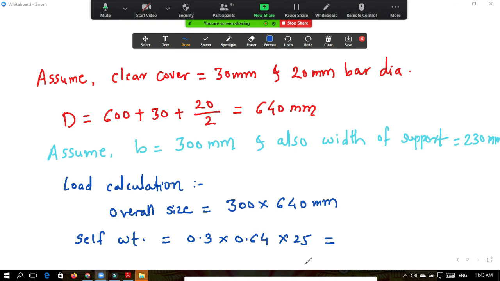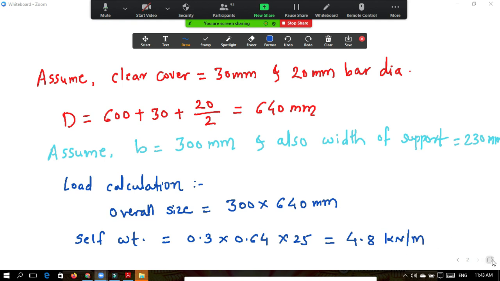What is the self weight now? 4.8 kilonewton per meter. This analysis we are doing for per meter length. We have not considered here length. See, this is width, this is depth, but we have not multiplied here by length. So it is per meter length we got the load. So it is in kilonewton per meter.